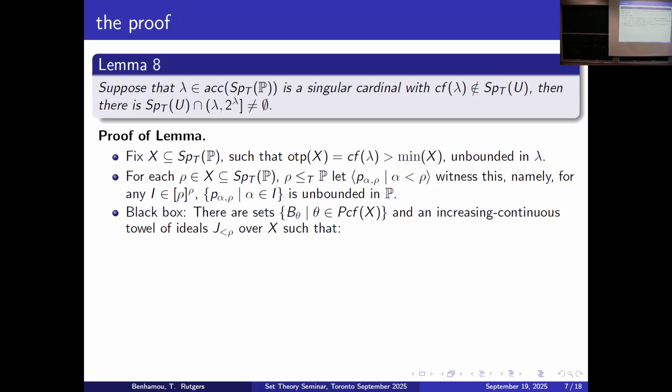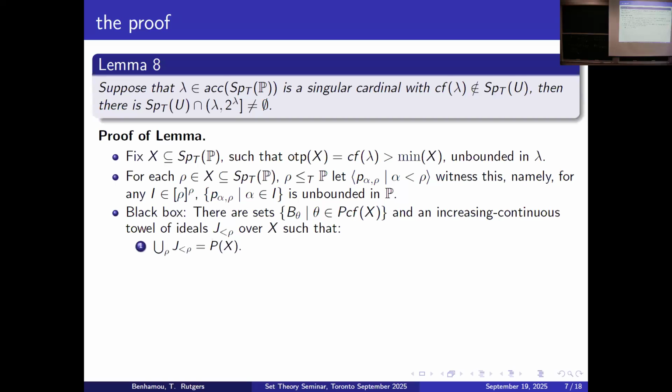And these form a tower. So if tau 1 is less than or equal to tau 2, then J less than tau 1 is a subset of J less than tau 2, and they are continuous at limit cardinals, and the following things hold.